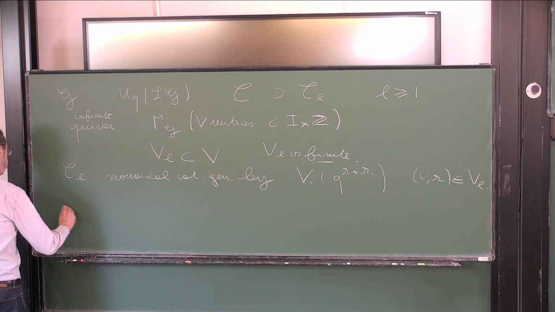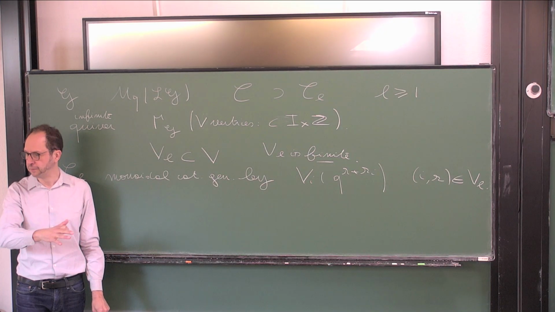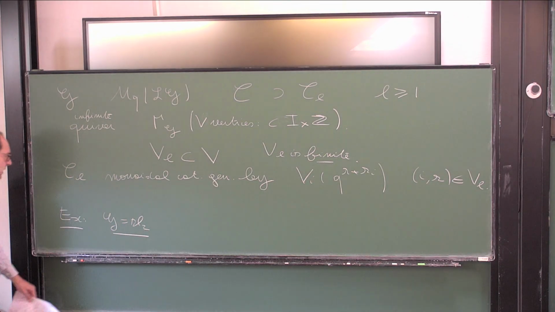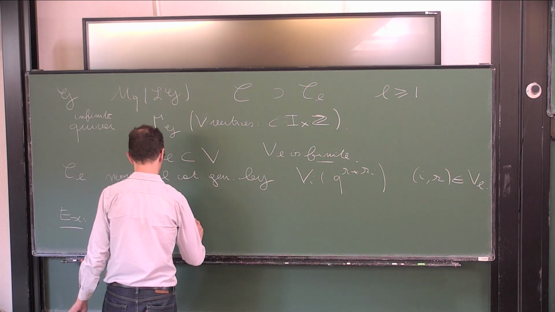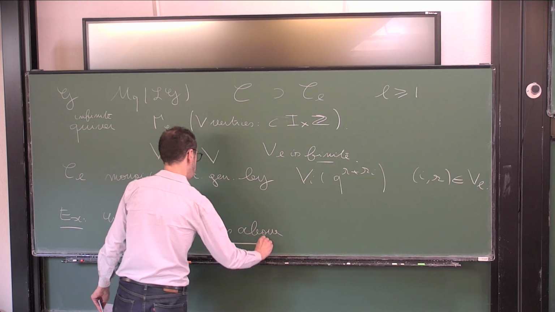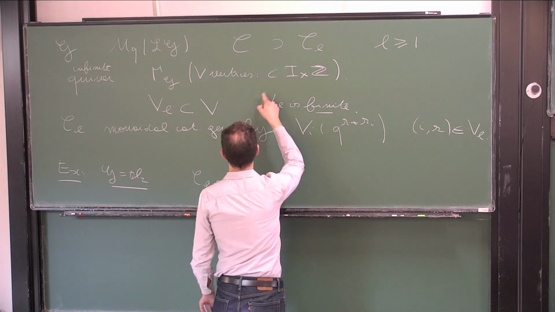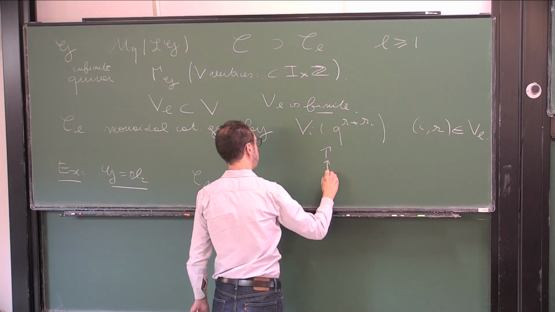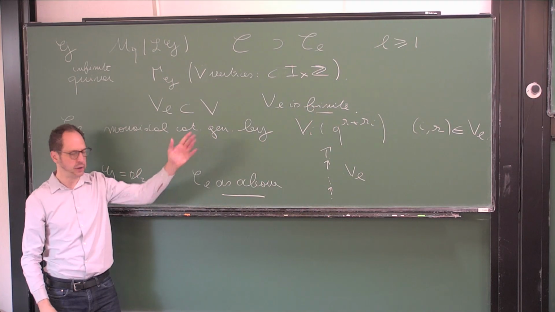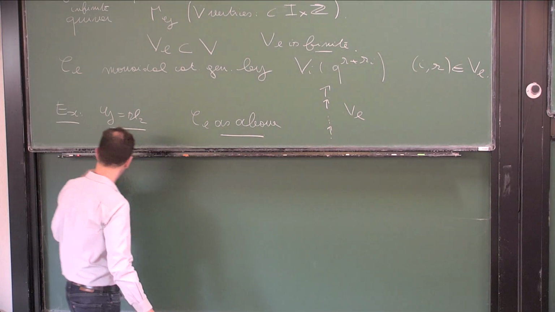So this definition is designed to generalize what we explained for SL2. For G equal SL2, this is the category as above, and then the L here corresponds to a sub-quiver of our linear infinite quiver, more precisely the set of indices of a sub-quiver of this form.